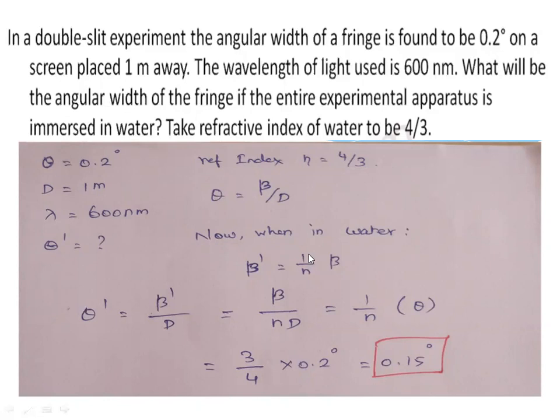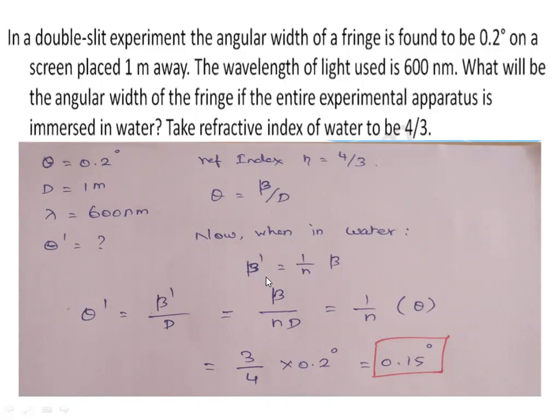What is the refractive index of air? It is 1. The refractive index of medium 1 divided by the refractive index of medium 2. The refractive index of medium 2 is n, the n value, which is given as 4/3. So this is the second value of beta, and we are considering this as beta dash.